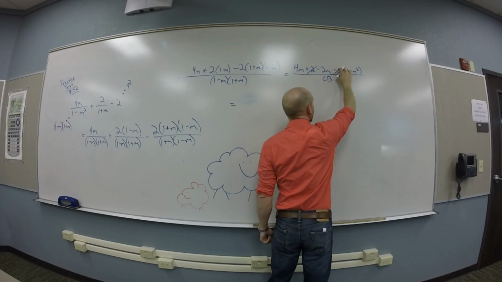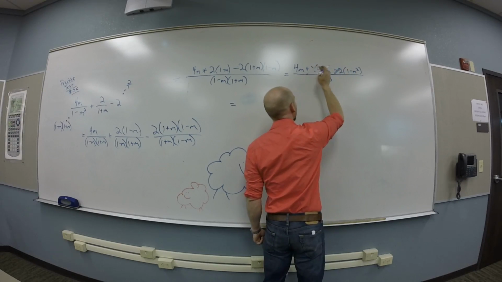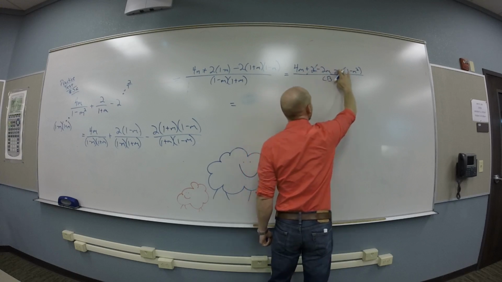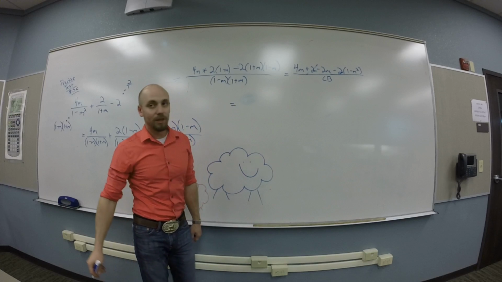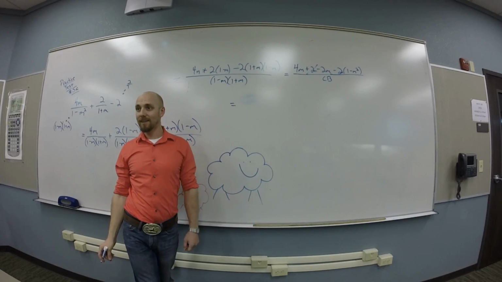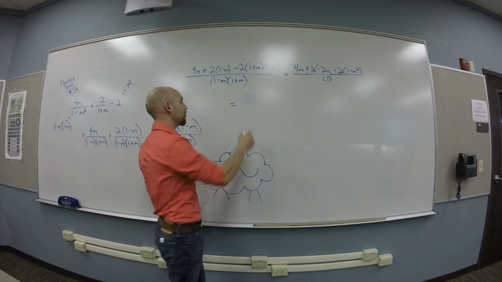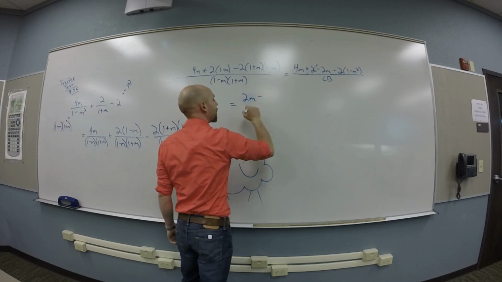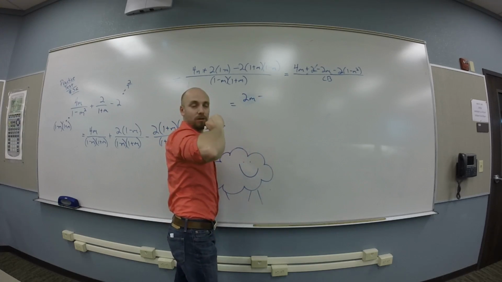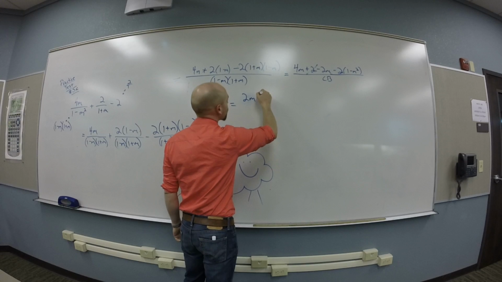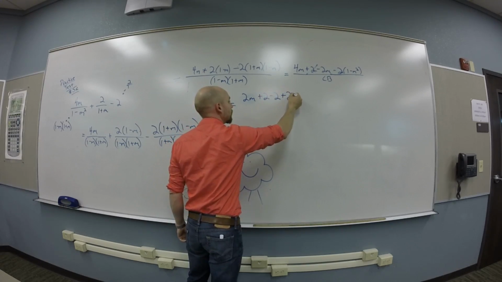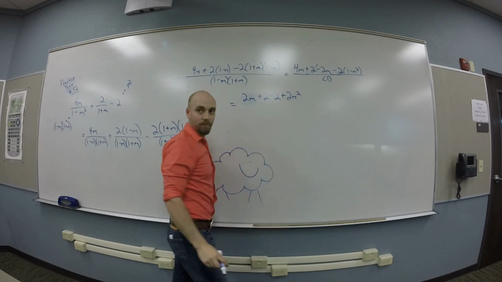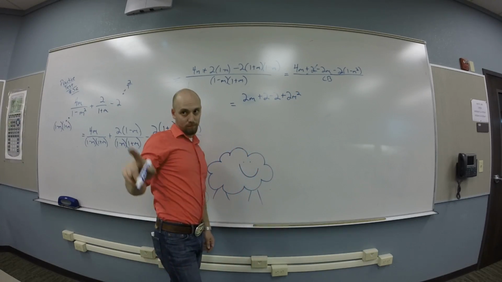Oh, wait. No, you can't. Nice try. But the 4m and the minus 2m can go together, right? As 2m. And then I've got plus 2 minus 2 plus 2m squared. Did I lose you?